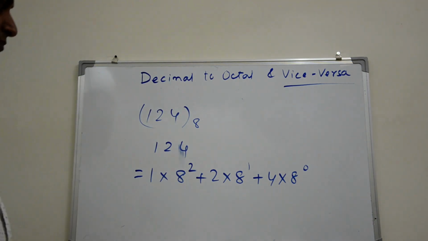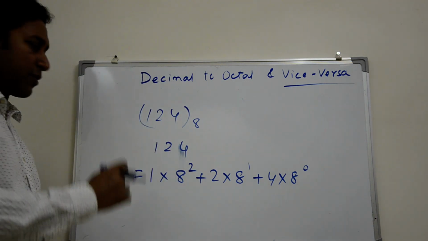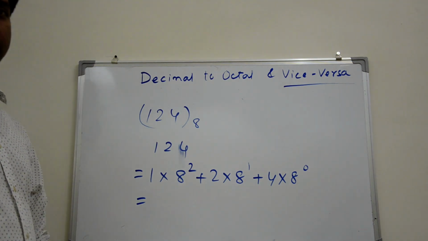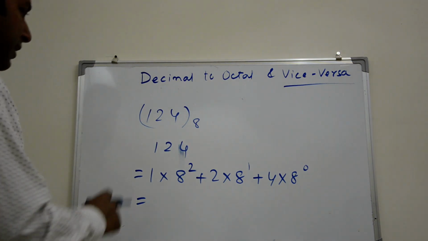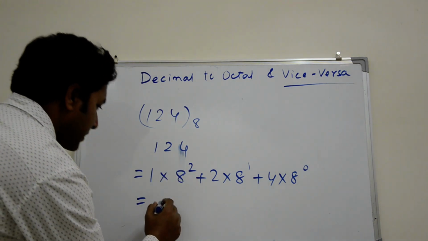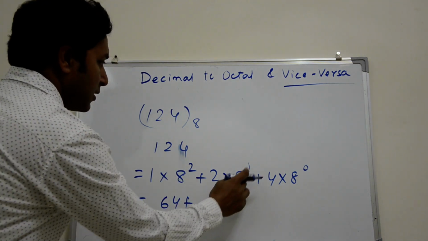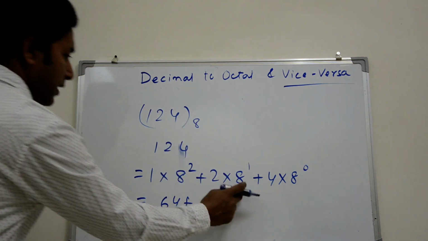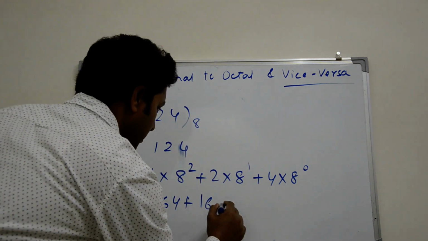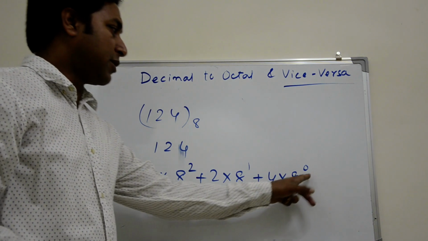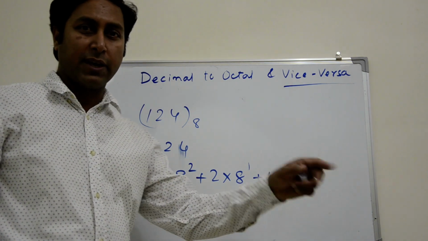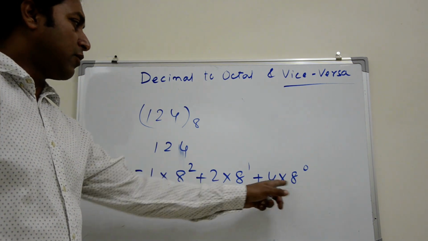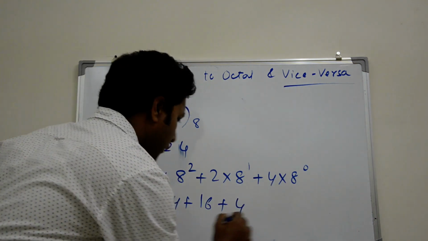Very simple, just like what we saw in binary to decimal and decimal to binary. Here 8 8s are 64, 8 to the power 1 means 8, 8 2s are 16, plus 8 to the power 0 means 1. As I told, anything to the power 0 is equal to 1. So 1 into 4 is equal to 4.